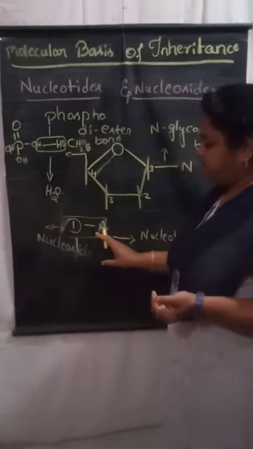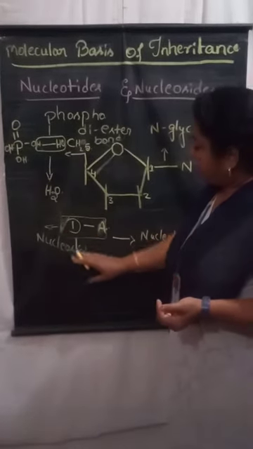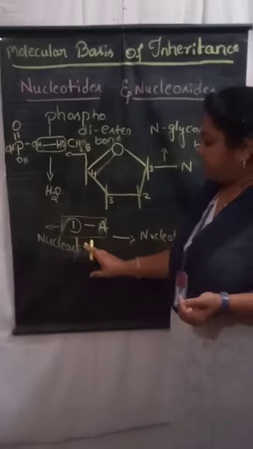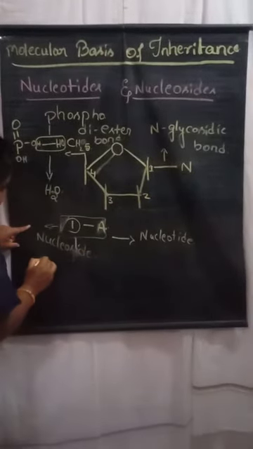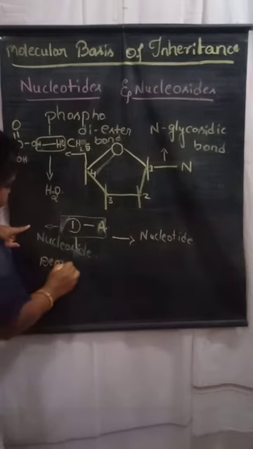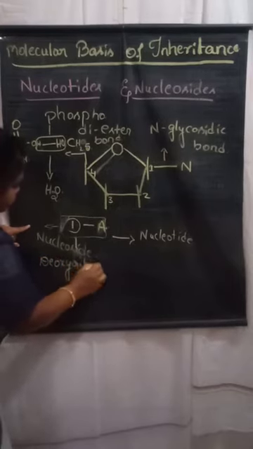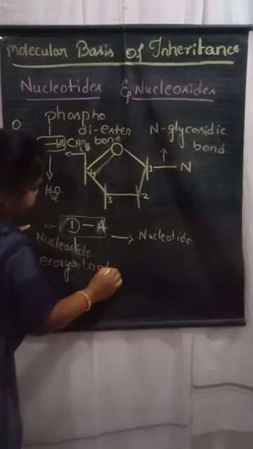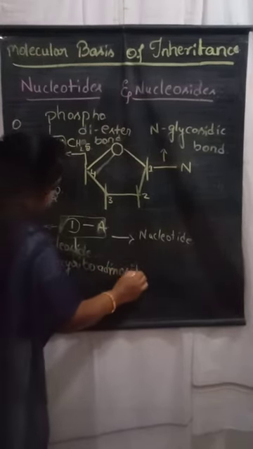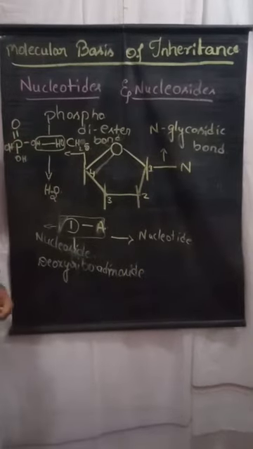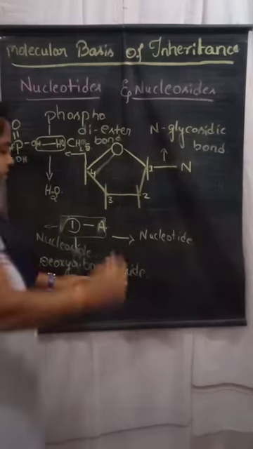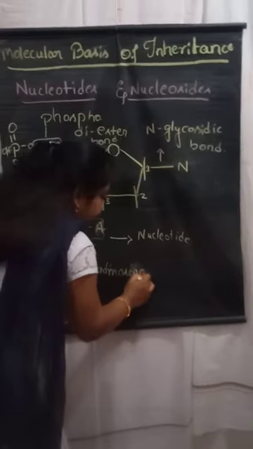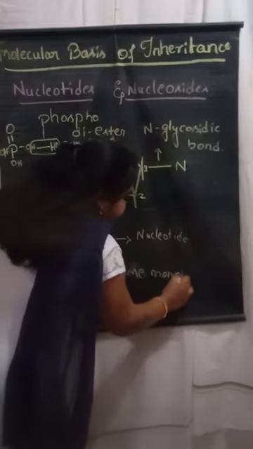If we take adenine as an example, the nucleoside is called deoxyriboadenosine. While naming the nucleotide, the nomenclature is deoxyadenosine monophosphate.